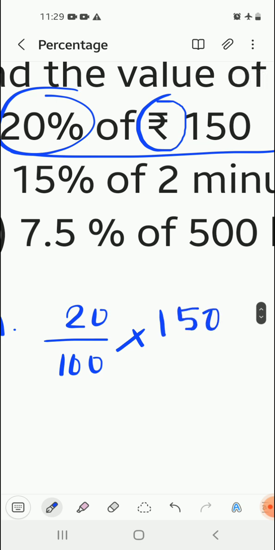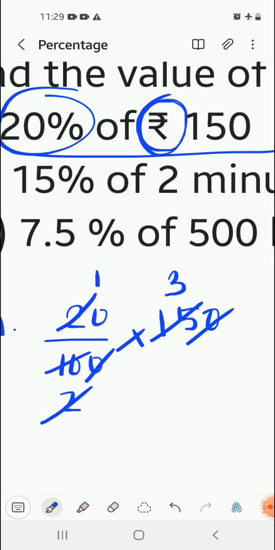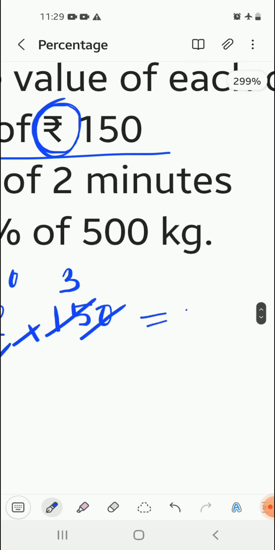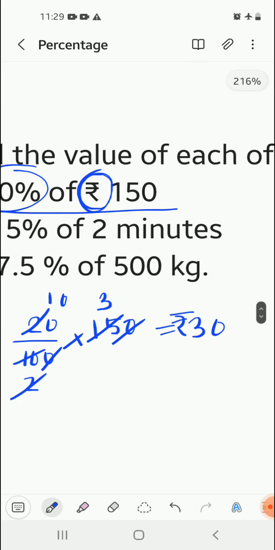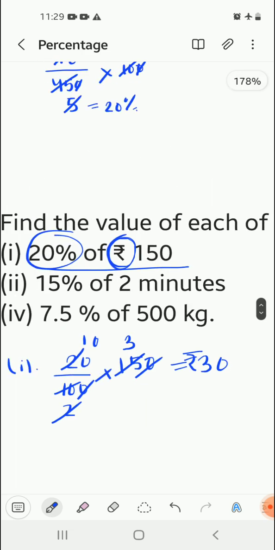Cancel things out. The unit will be rupees because in the question it was given rupees. Cancel it out. 5, this becomes 2, this becomes 3, this becomes 10. So it is 30. Rupees 30. So rupees 30 is 20% of 150. That is what it means.